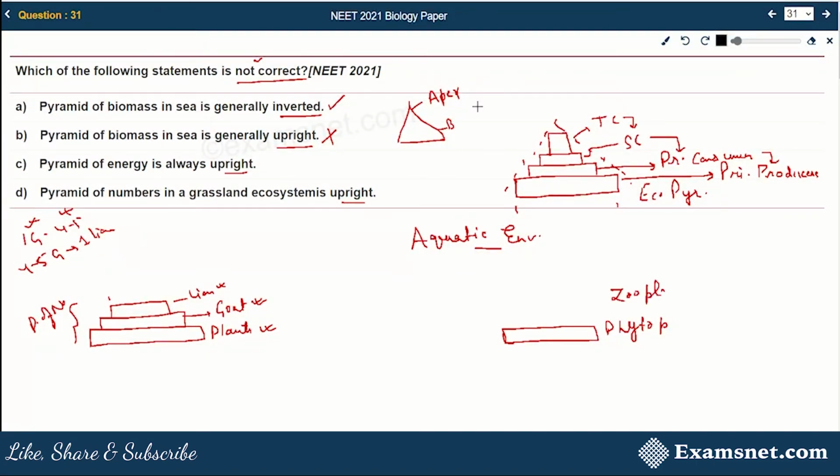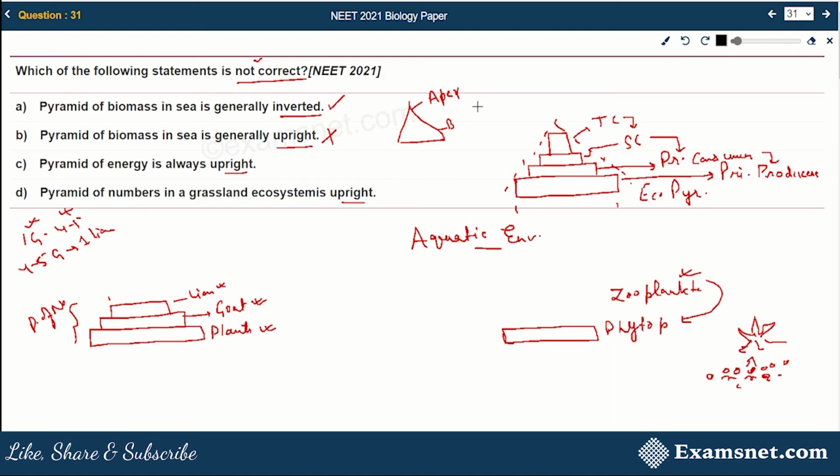Why? Because here the number of zooplanktons is more than the number of phytoplanktons. Suppose this is one phytoplankton in water, then hundreds or thousands of zooplanktons will feed on this plant.